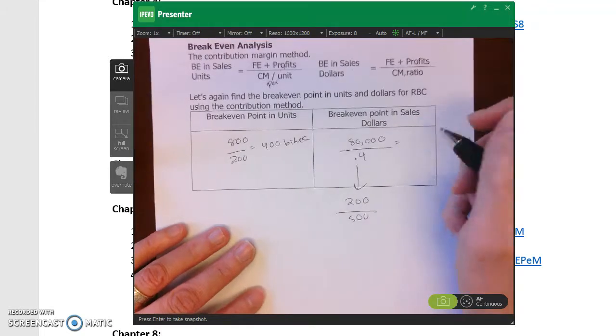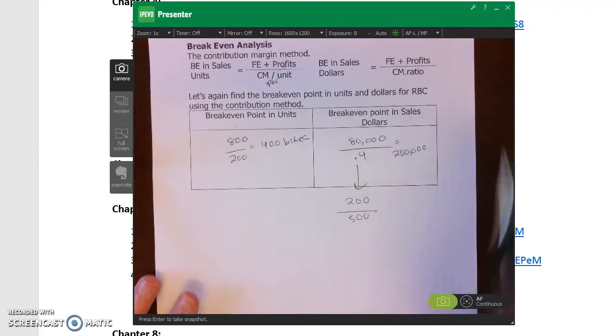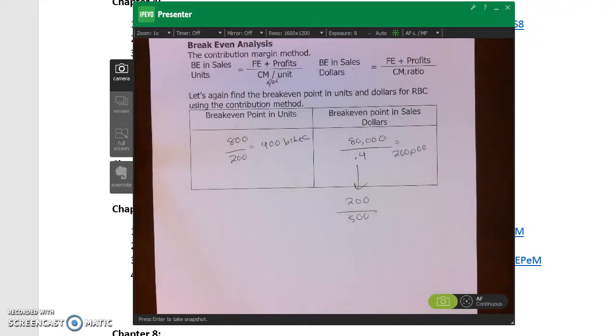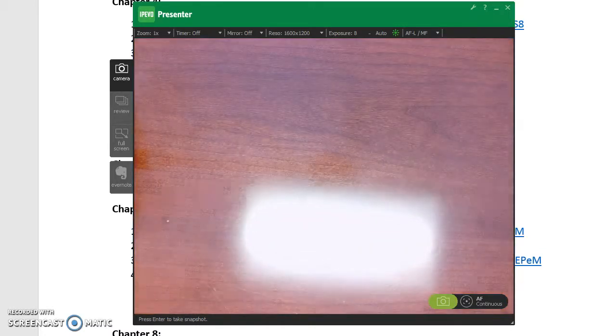And when you do the math, you get that $200,000. You get the same answer either way. Let me move on to target profit, which is the next page.